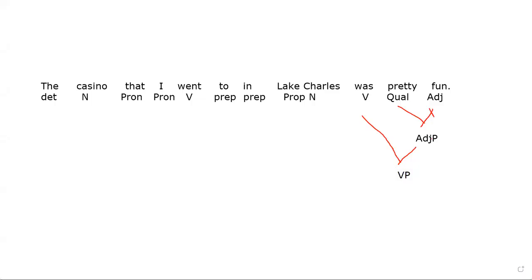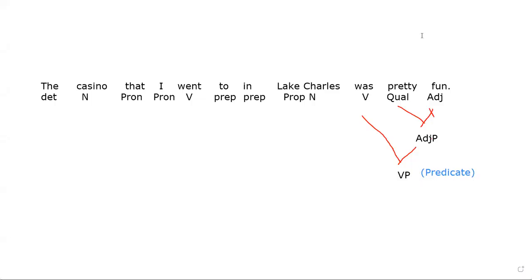And to represent that that's all one piece, we're going to combine the verb with the adjective phrase. That gives us our verb phrase. That is our predicate. So we have visually represented those three words as one chunk, right? The predicate of my sentence.